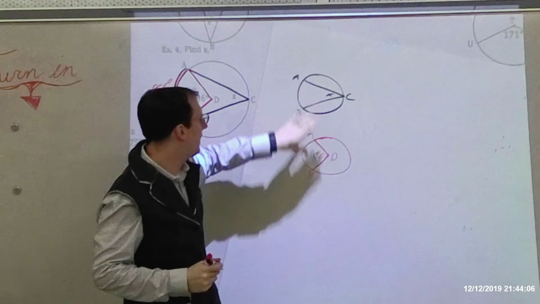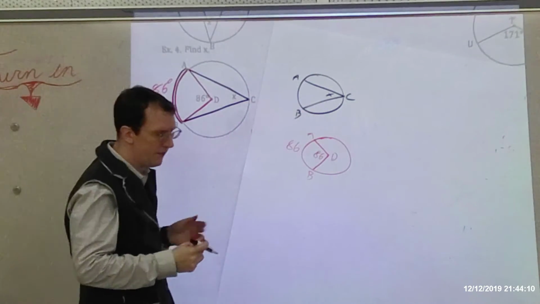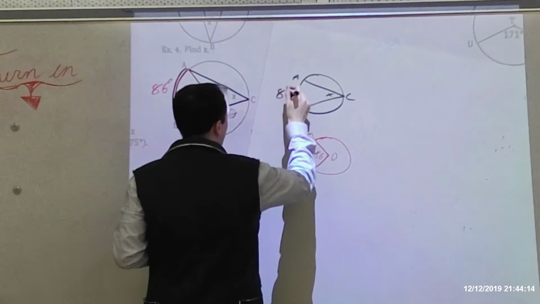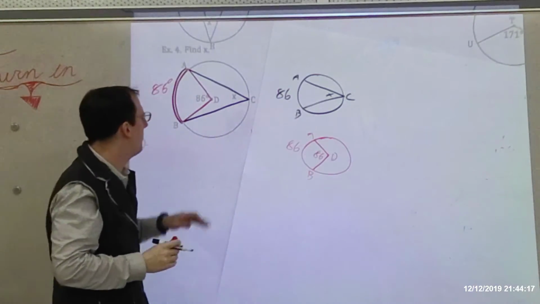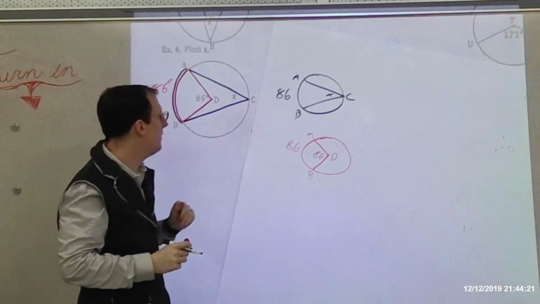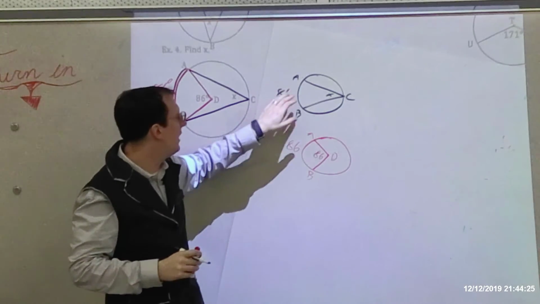If I overlay these two, if I took one and put it over top of the other, I would just get this problem back. So I know that A to B is 86, so A to B is 86 over here. Now I'm looking at the inscribed angle. The inscribed angle rule says the measure of the arc is 2 times the angle.